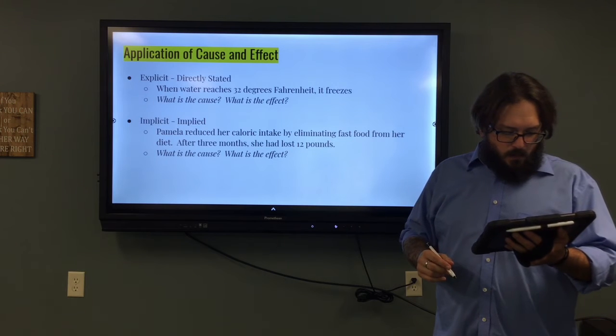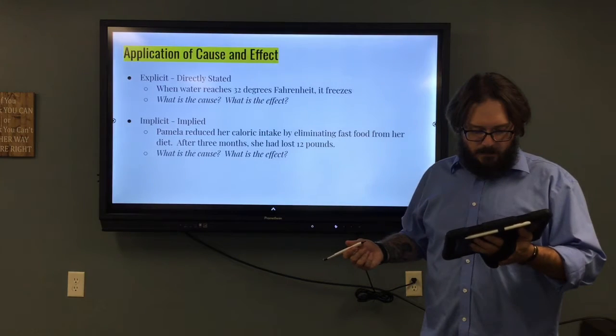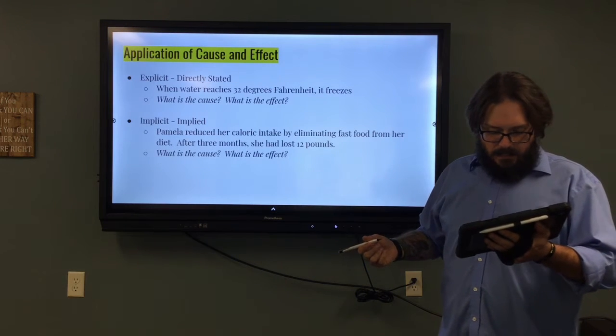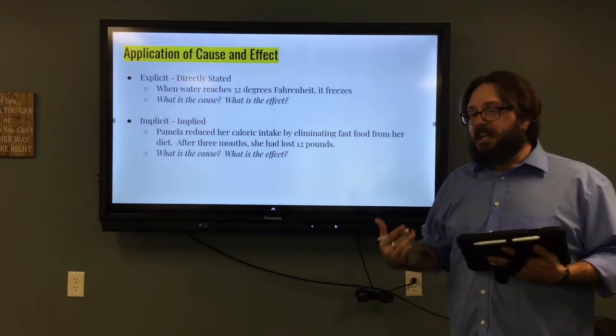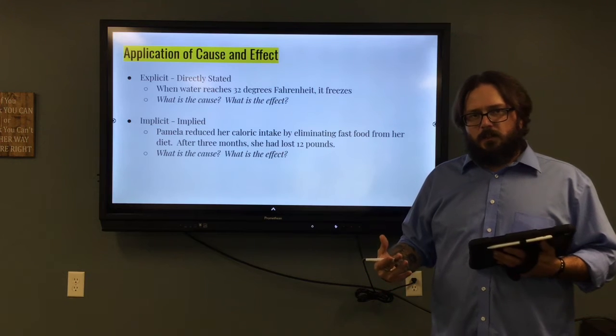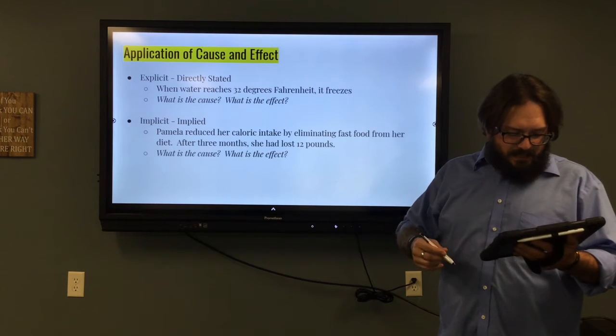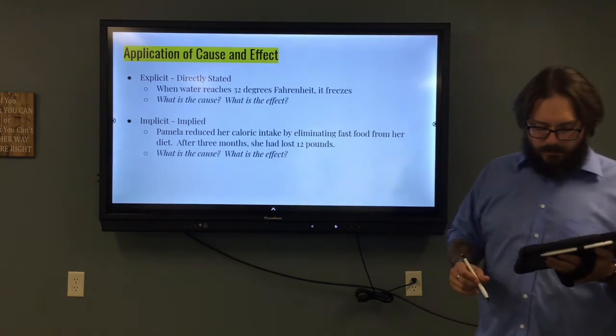All right, so what is the cause? Now, our cause is not actually directly stated in this case, but based on the information, we can see that the implied cause is that Pamela needs to lose weight.